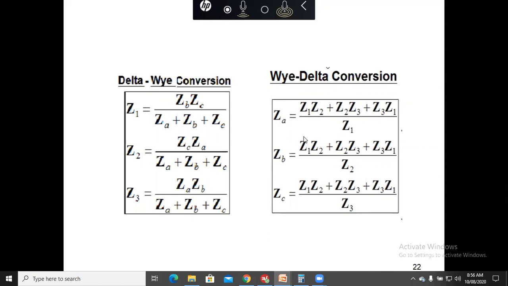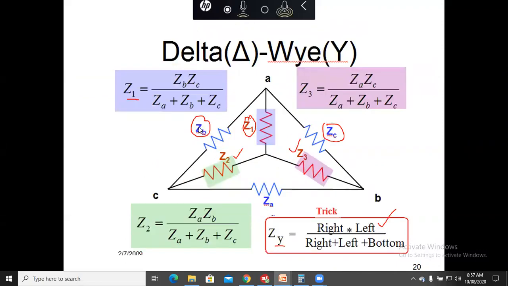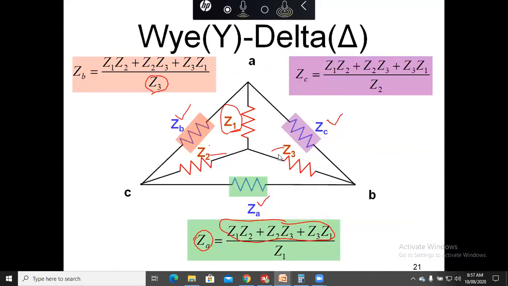So look here, you name ZA in such a way that the opposite is Z1, ZB is in fact Z2 here, and ZC is equal to Z3 here.